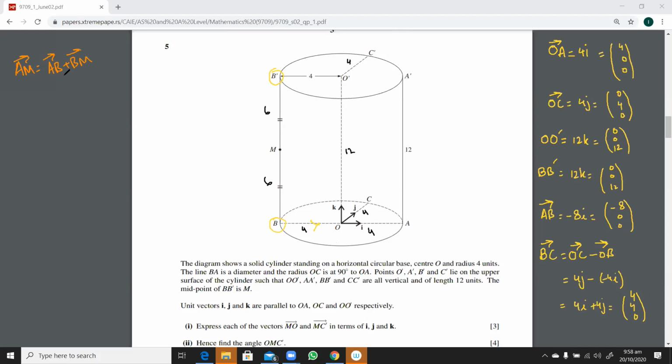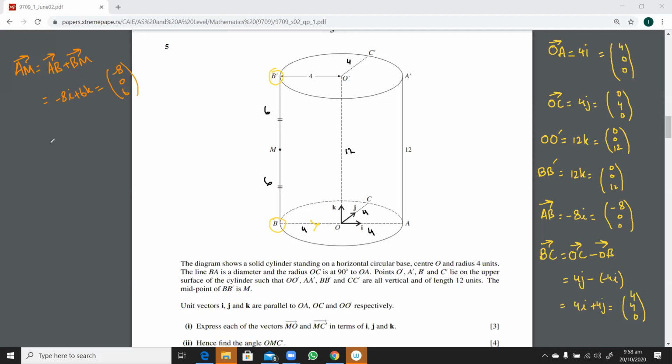This is optional, if you want to write the track of how you reached from A to M. Otherwise, you can tell directly and mentally that this is minus 8i and then plus 6k. This can be written as minus 8, 0, 6.